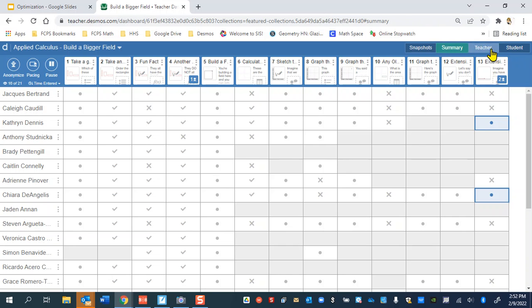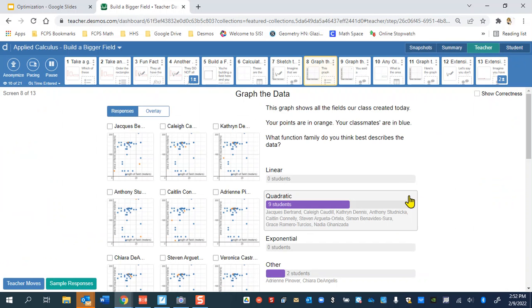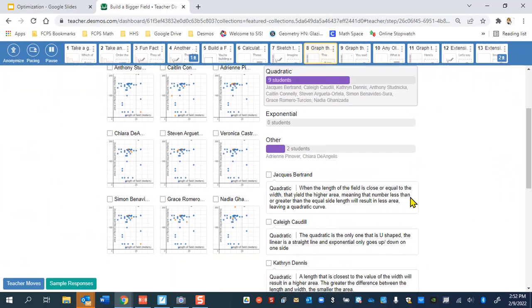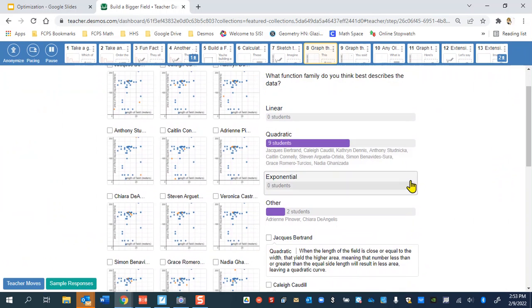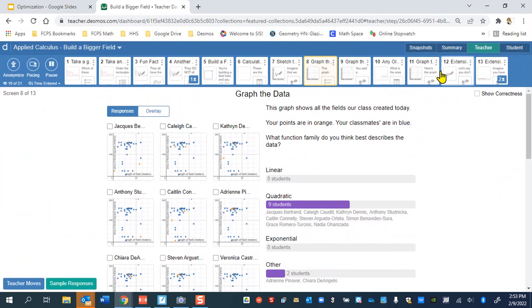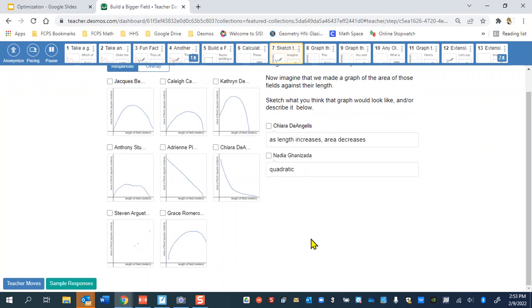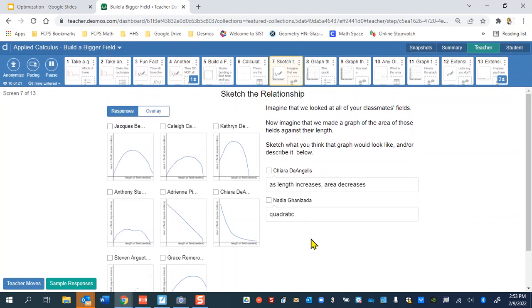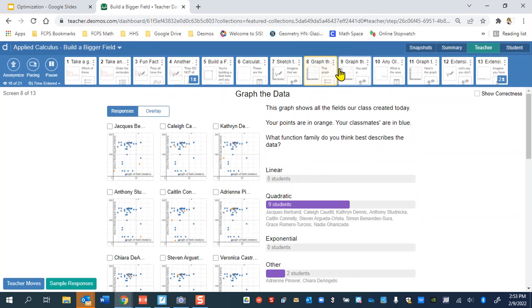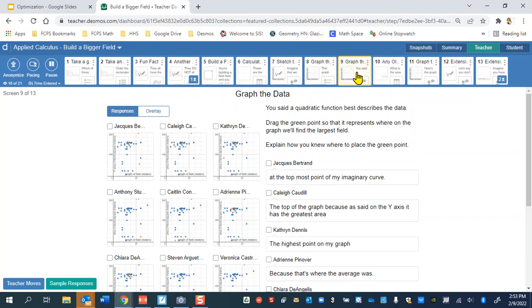If I look at a summary, I can see all your graphs. Let me go back and look at what your sketches were. Oh dear. Oh boy.